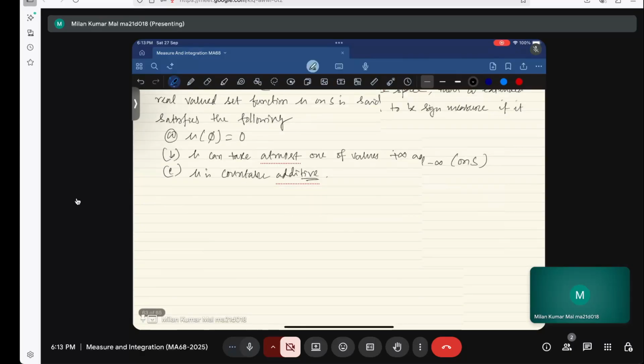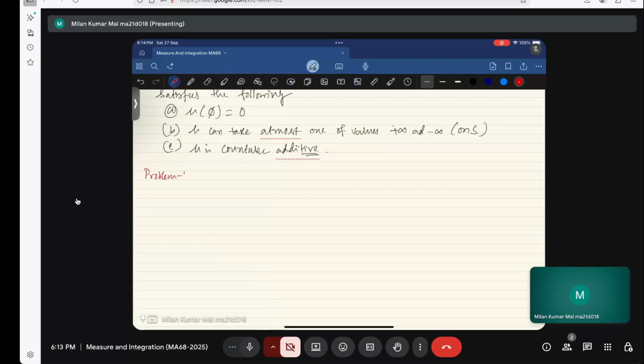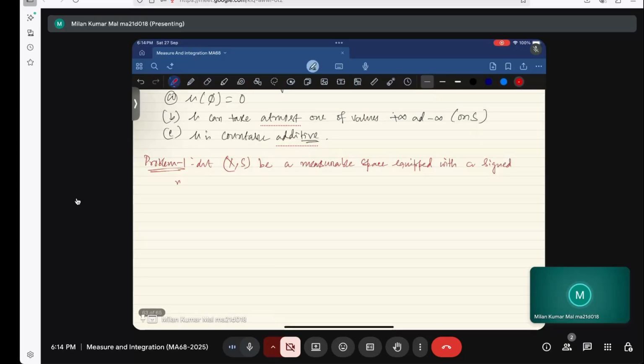So problem number 1: let X, S be a measurable space equipped with a signed measure mu.